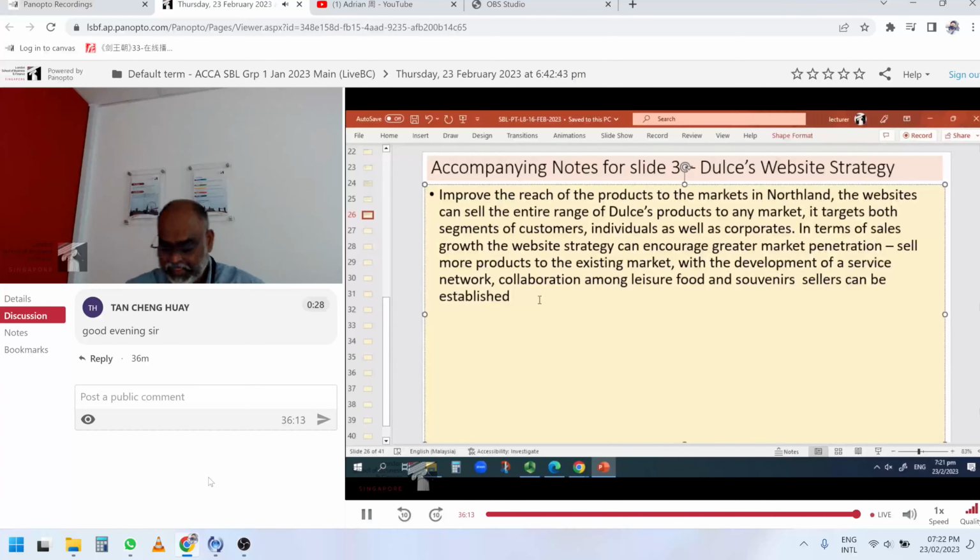Souvenir sellers can be established. This is to cross-sell chocolates with flowers or other gifts. Flowers or cards, I don't know, or other gifts, right? Or other gifts to take advantage.